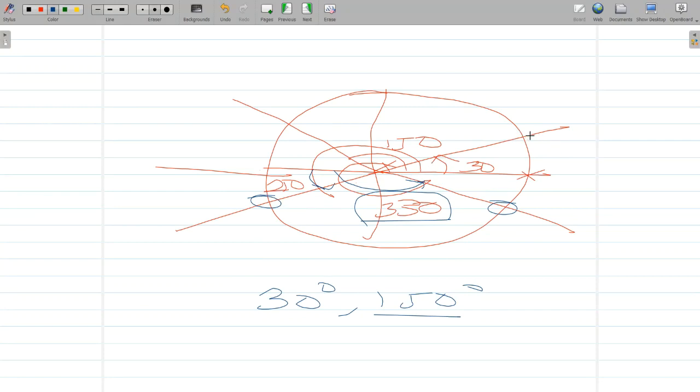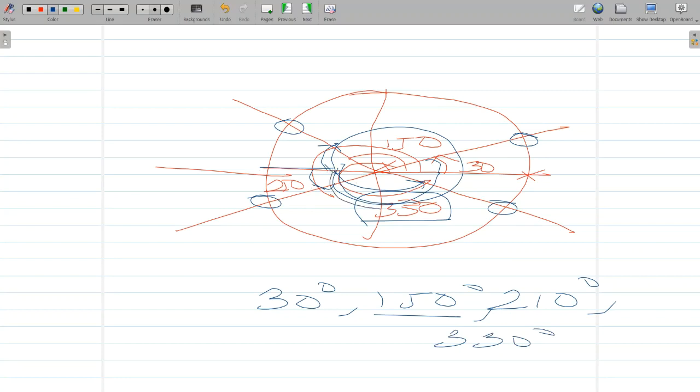Now to reach this one, I need to go 180 plus 30. That is, from here I take 180 degrees and then go another 30 degrees, so that is 210 degrees. And from the front stagnation point, the entirety is 360 degrees, so to reach the last point I need to go 360 minus 30, that is 330 degrees.